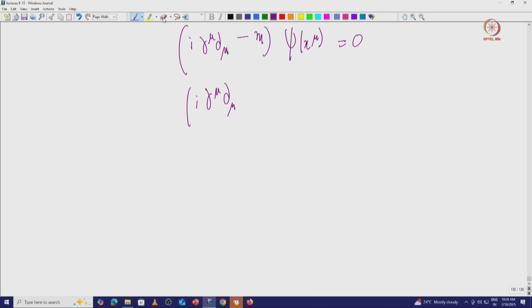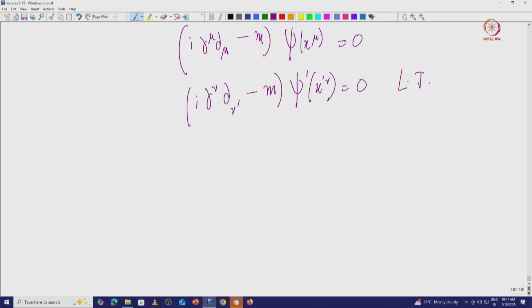Let me choose another index: (i gamma^nu del_nu' minus m) psi' of x'^nu should be equal to 0. This is after Lorentz transformation; the form should look exactly like this, the same form as the original Dirac equation.